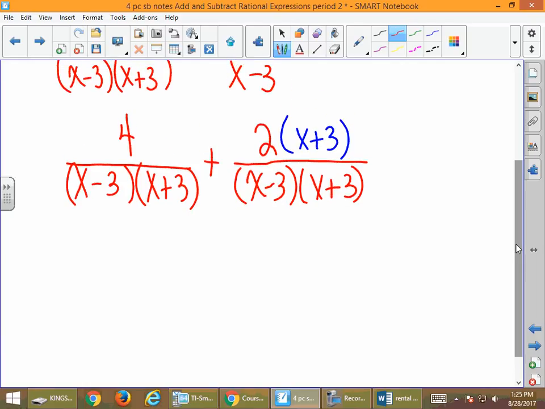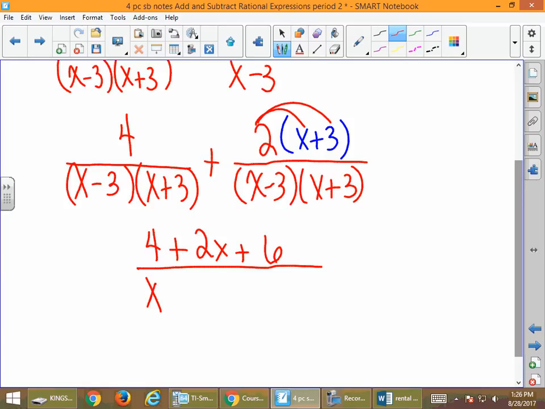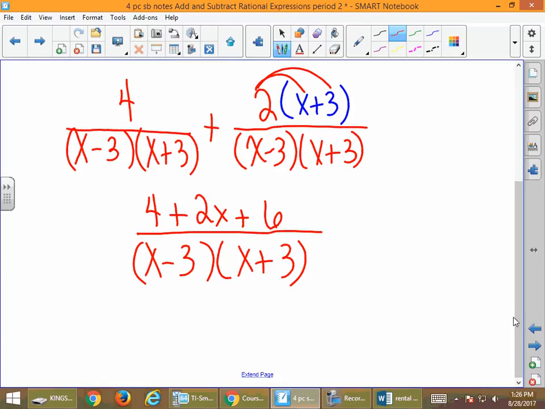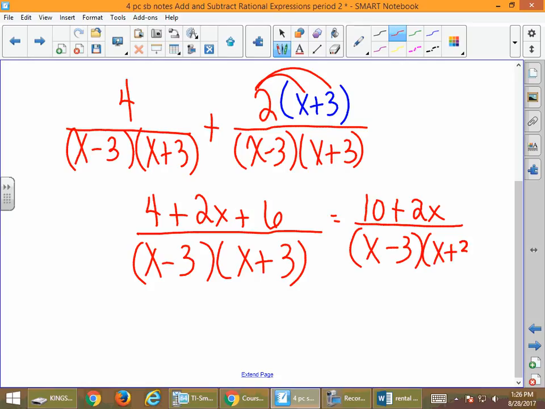So what we have here is 4 plus 2x plus 6, all divided by x minus 3 times x plus 3. If we simplify this a little bit more, we get 10 plus 2x all divided by x minus 3 times x plus 3.